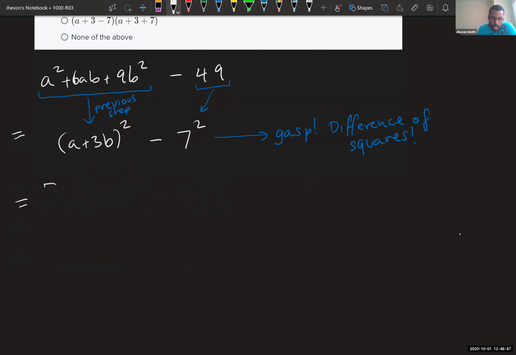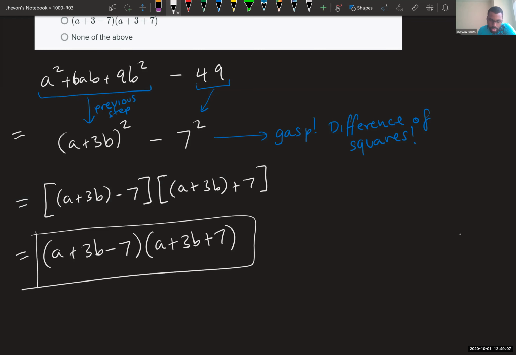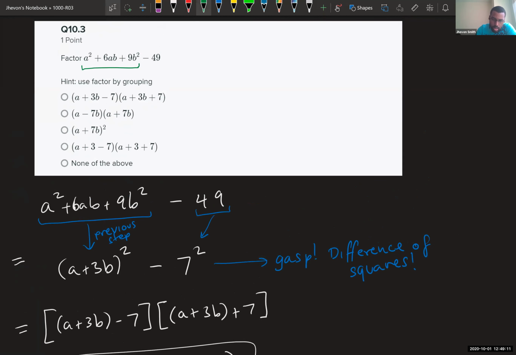So it's the first one minus the second times the first one plus the second. So this factors into a plus 3b minus 7 times a plus 3b plus 7. And that's the first option.